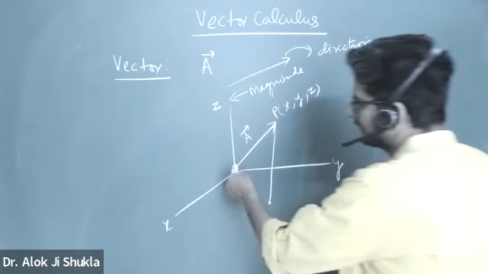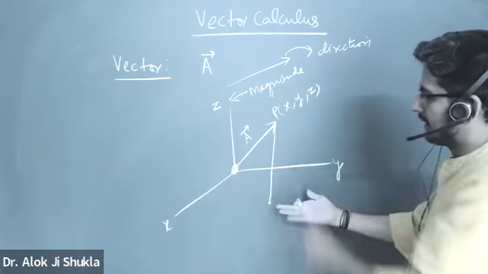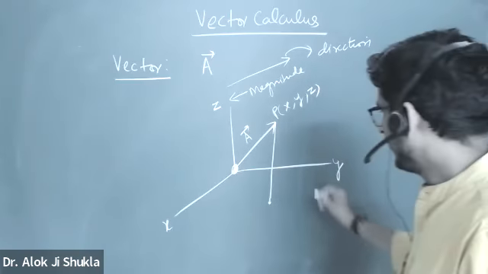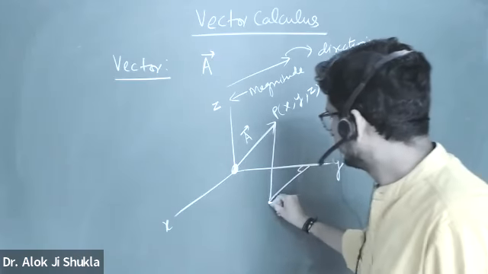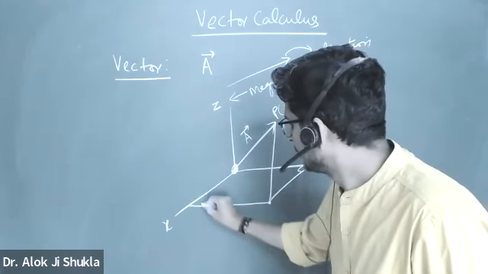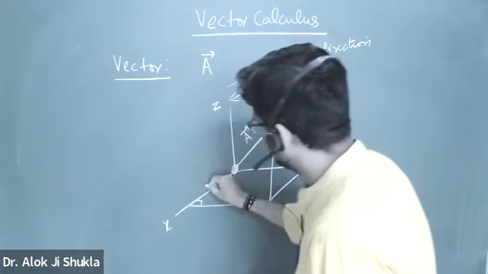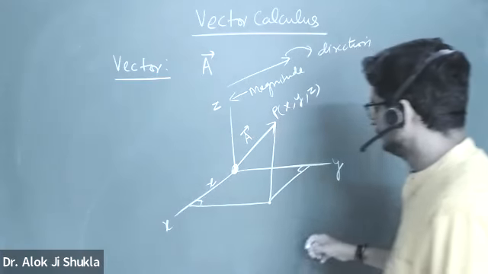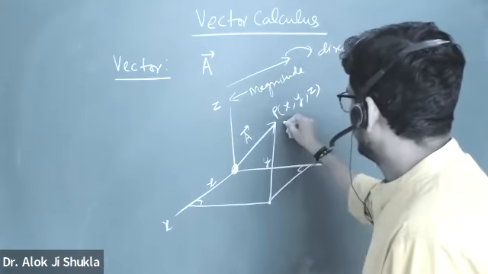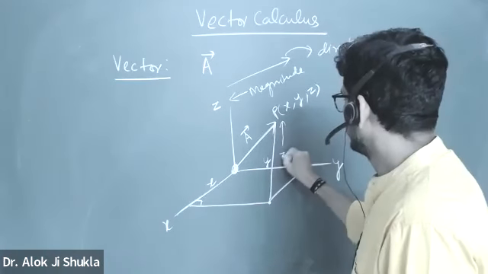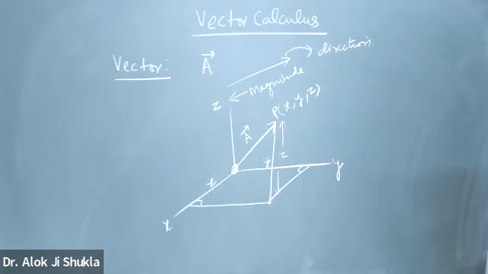So this axis is perpendicular to the board and this is the plane. So we put a perpendicular on this plane and then perpendiculars on these two axes. This is the perpendicular, right? So what will be this quantity? X. What will be this quantity? Y. And what will be this quantity? Z.